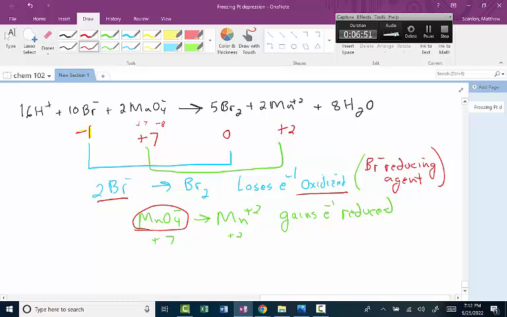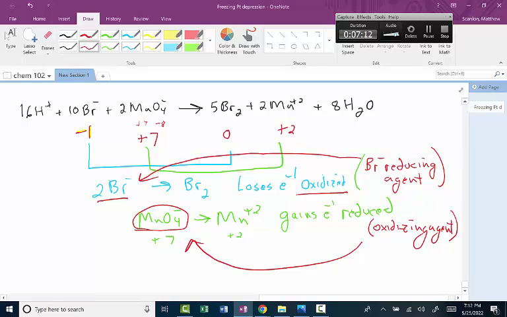The manganese gained electrons and was reduced, and it causes the bromine to be oxidized. So the MnO4- is said to be the oxidizing agent. So the easiest thing to do, and this is how I do it, I figure out what's reduced and what's oxidized, and then I know it's opposite for them. The thing that's oxidized is always the reducing agent. The thing that's reduced is always the oxidizing agent. And that's how I work that out.